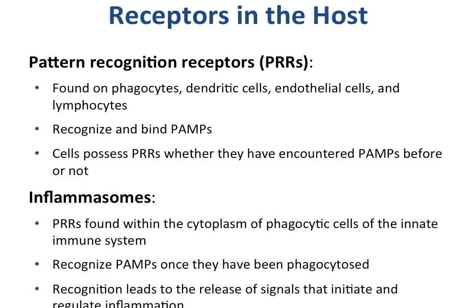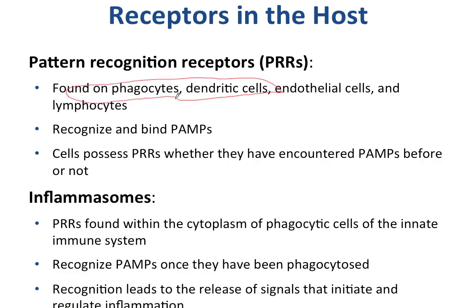Pattern recognition receptors. They are found in the phagocytes, dendritic cells, and lymphocytes.